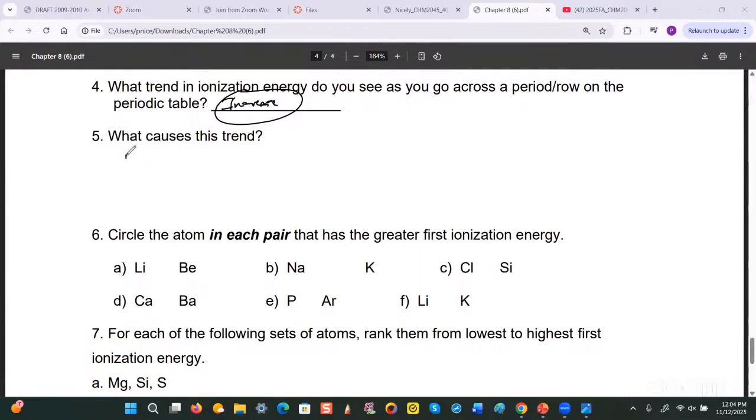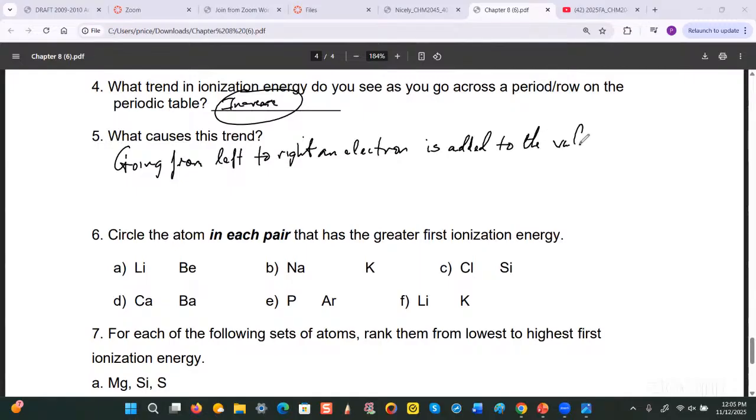So going from left to right, an electron is added to the valence shell, and a proton is added to the nucleus.